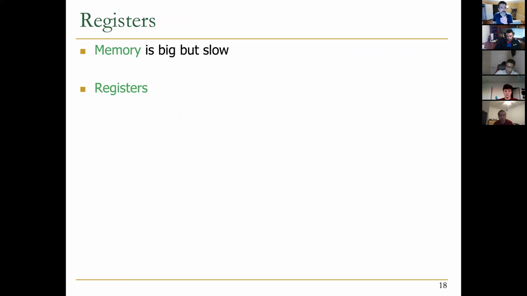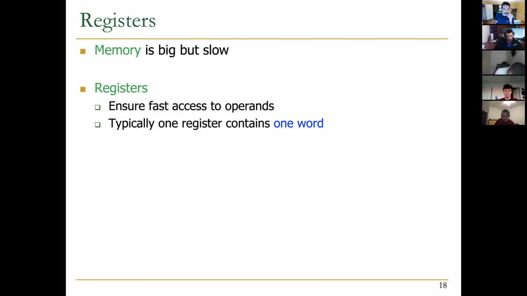So memory is big. Registers are very small, limited, but a lot faster than memory. And by convention, each register contains one word. So the content of each register is one word.